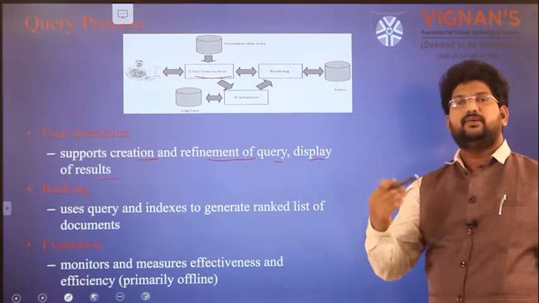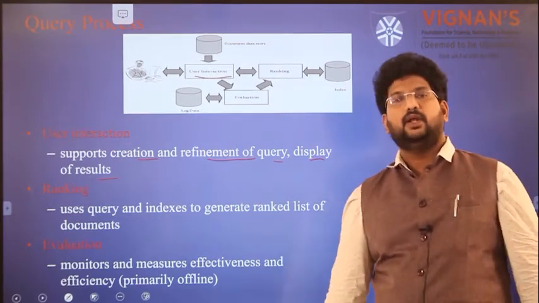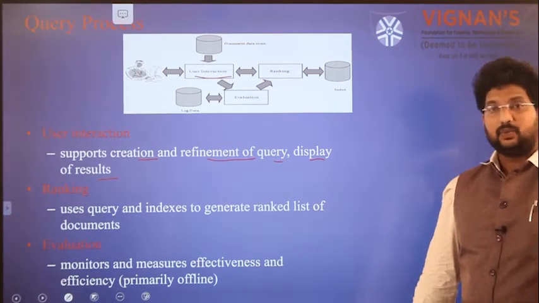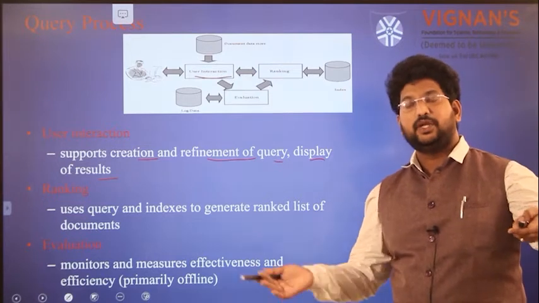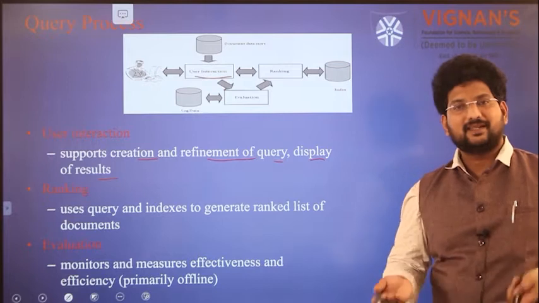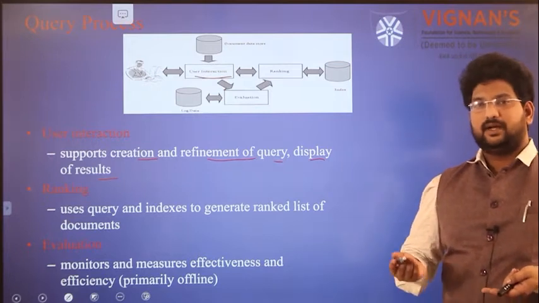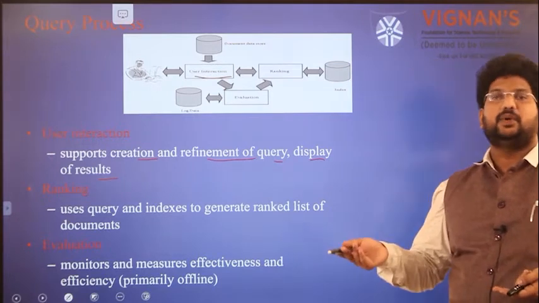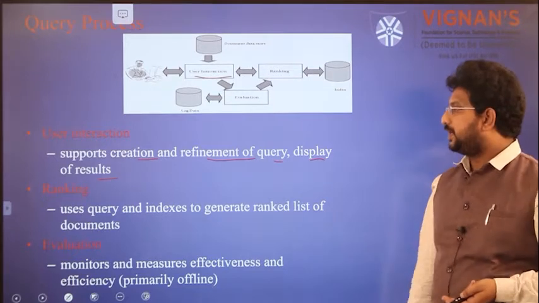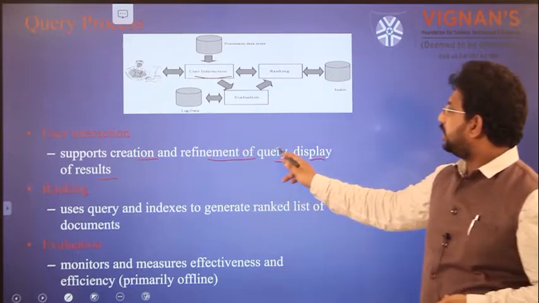For example, whenever the person is before Google, he can provide a web search query, then that query will be processed and it is going to generate different results. All the results will be displayed on the screen, as a ranked list of documents, which supports refinement of the query.